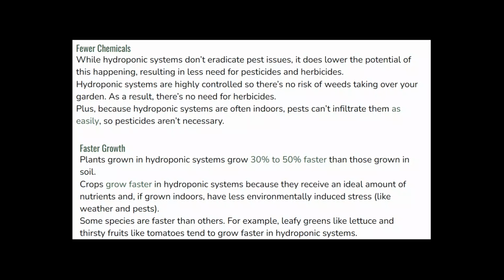Then also, faster growth. Plants grown in hydroponic systems grow 30% to 50% faster. Crops grown in hydroponic systems receive an ideal amount of nutrients, and if grown indoors, have less environmentally induced stress.